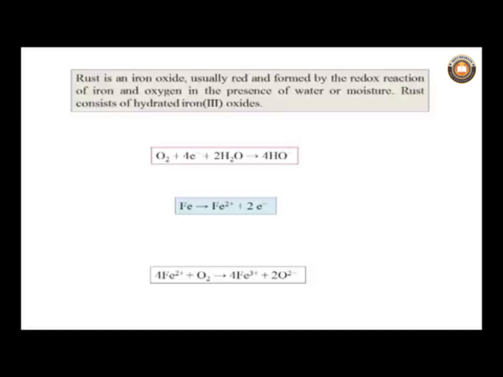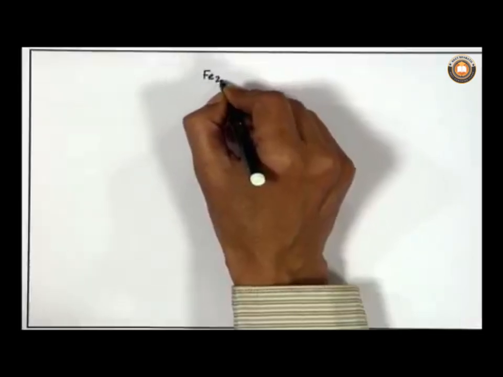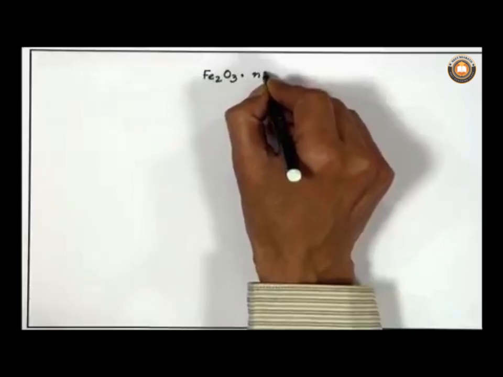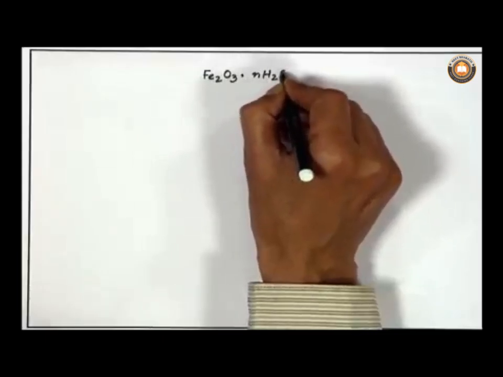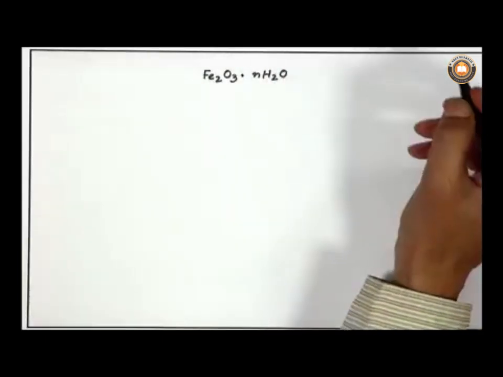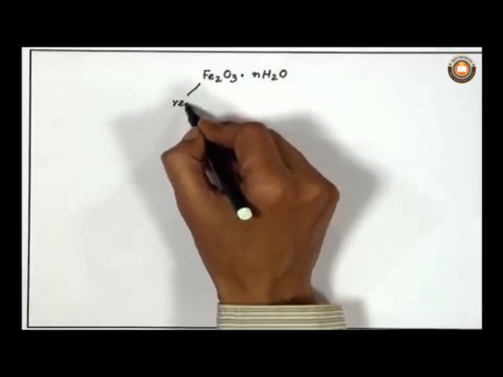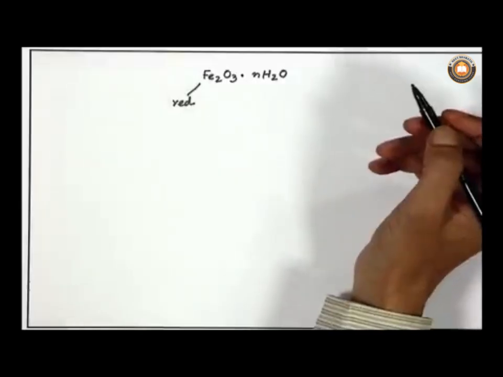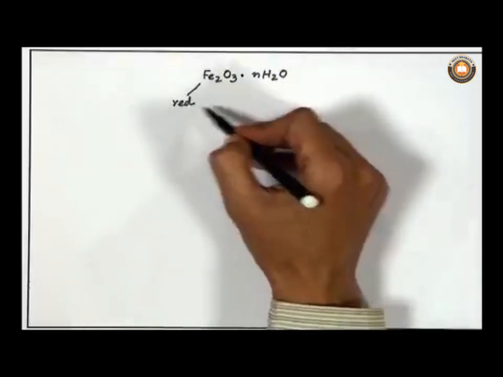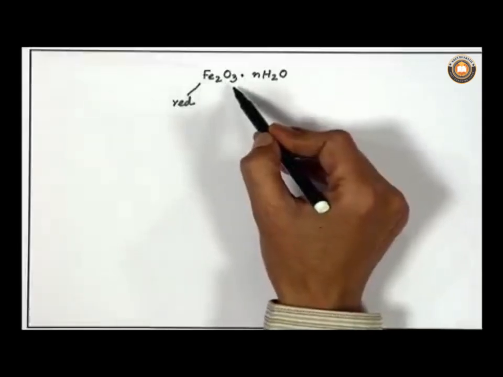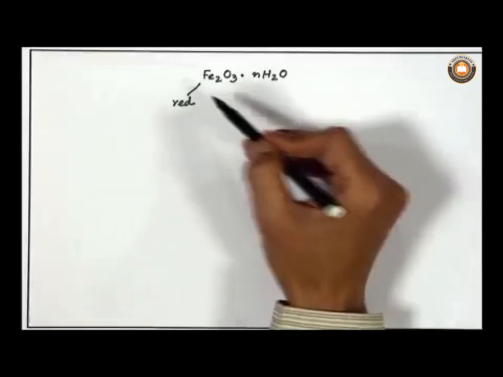Just now what I told you, that is Fe2O3, and if it is hydrated, some number of water molecules will be attached to it, and this will be red in color.